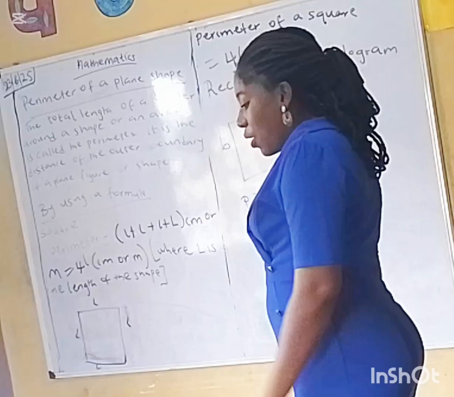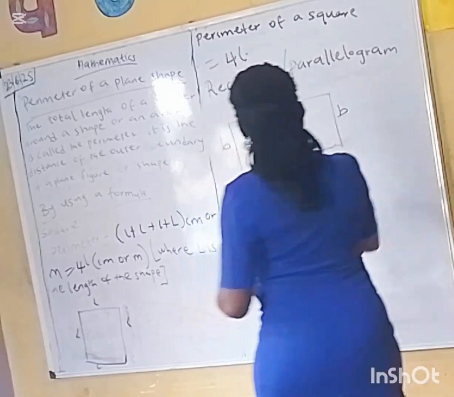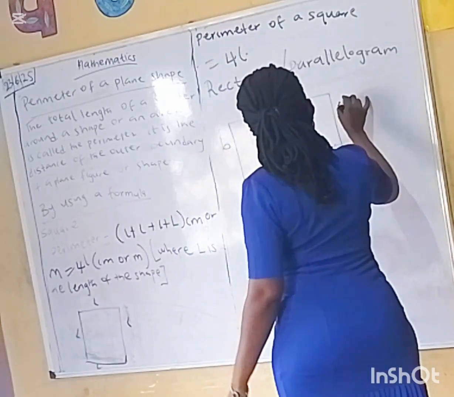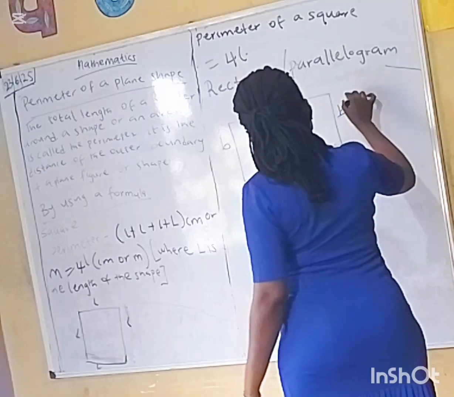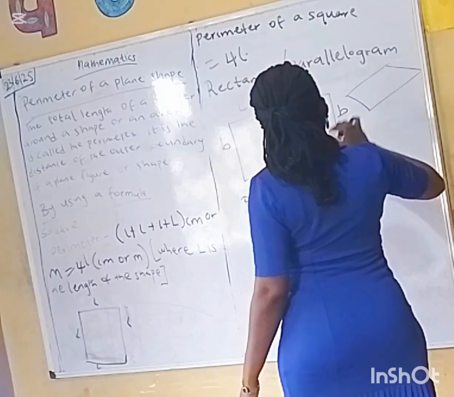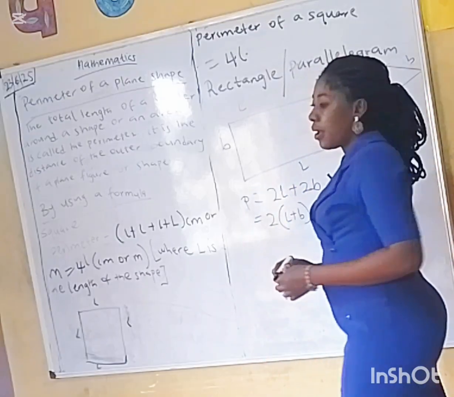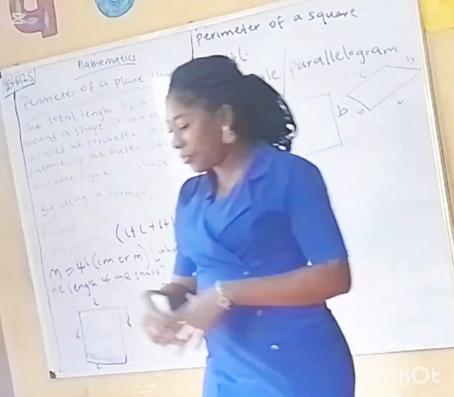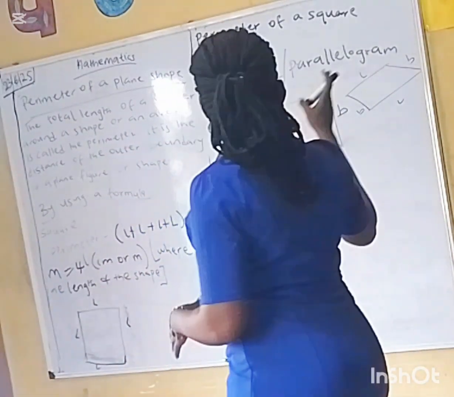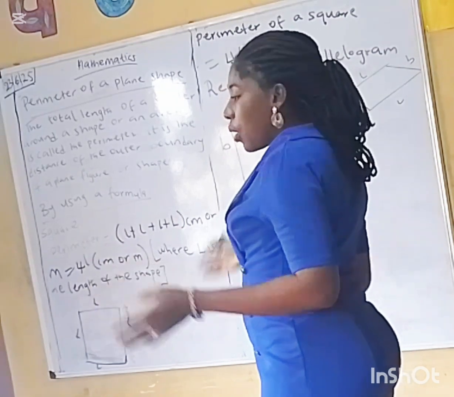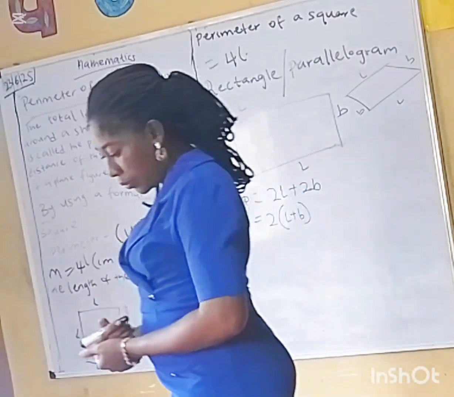You understand? Don't forget this is a rectangle. A parallelogram will be like this, slanted, so we also have length and breadth. Don't worry, let's first of all find out the formula, and when it's time to solve, you will solve.